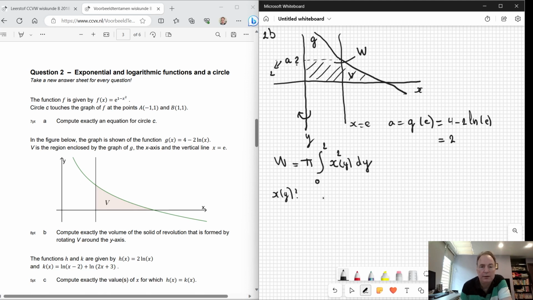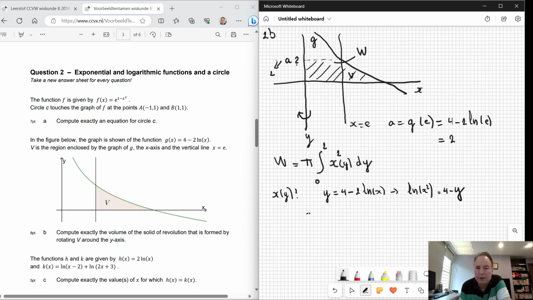Well, we know that y equals 4 minus 2 log x. In other words, log x squared. I take the 2 within the logarithm, bring it to the left, and bring y to the right.